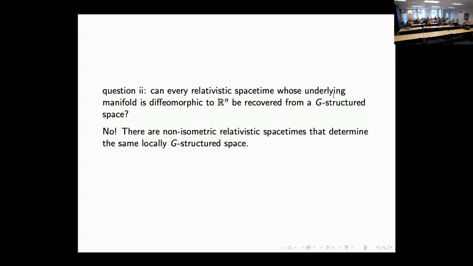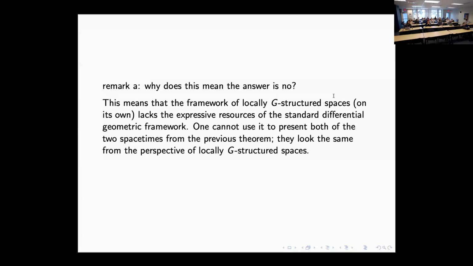So this captures a sense in which the answer to this question is no, but it's worth unraveling just a bit. I'm gonna make three remarks here. So why does this mean that the answer is no? Like, how do we get a no answer out of this theorem?